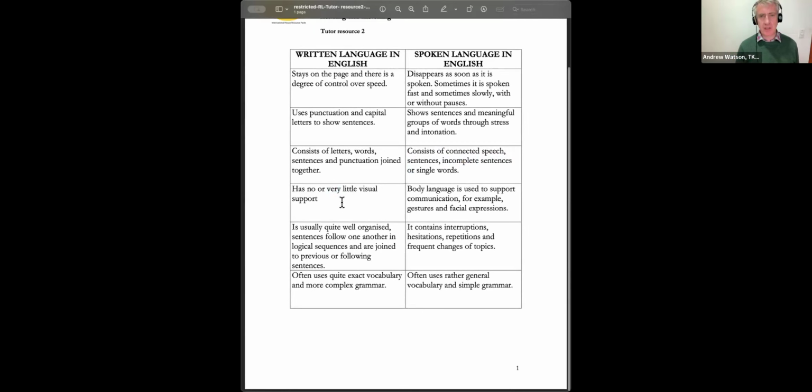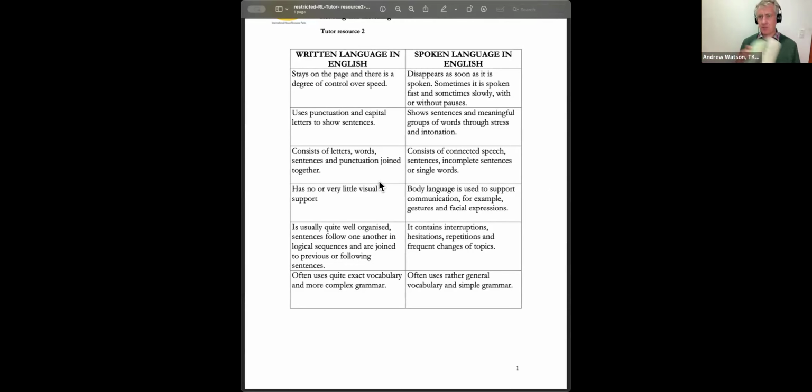Written language in English has very little visual support, although one of the participants in the group said, well, it depends, doesn't it, on the text that you're reading. If you're reading a newspaper, for example, you may have graphics and graphs and photographs to help you understand.